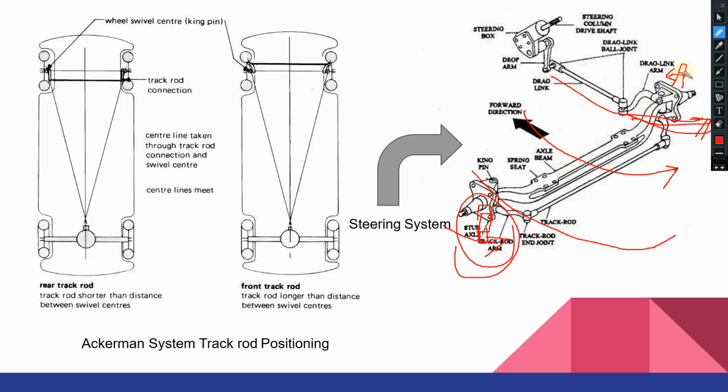So now the wheel situated at this stub axle will become the inner wheel, and the wheel at this stub axle will become the outer wheel. And the inner wheel will be rotated at a larger angle, and this wheel will be rotated at a smaller angle, so that the vehicle will undergo a turn like this.